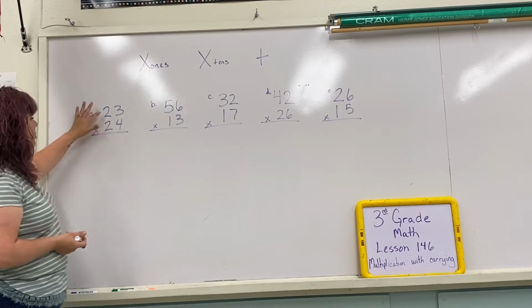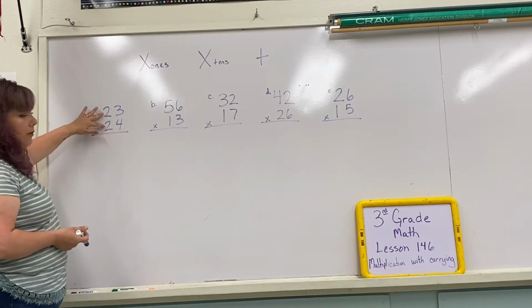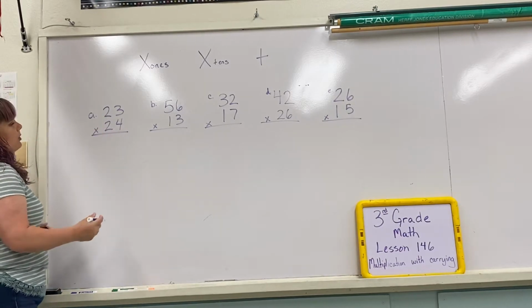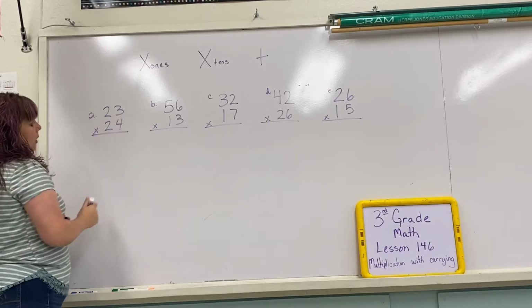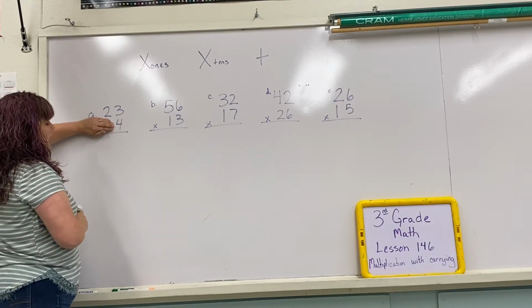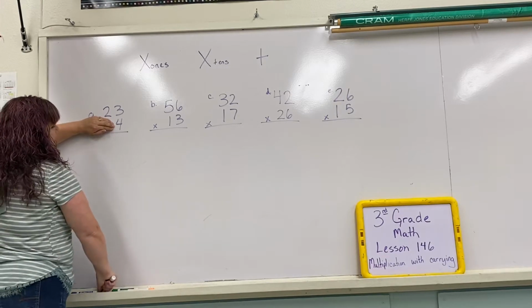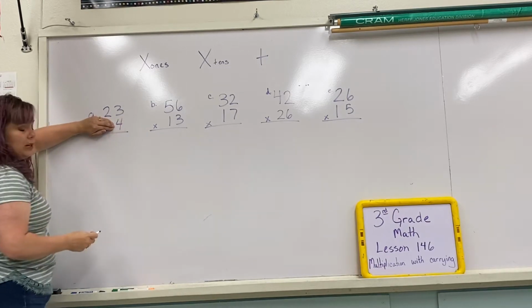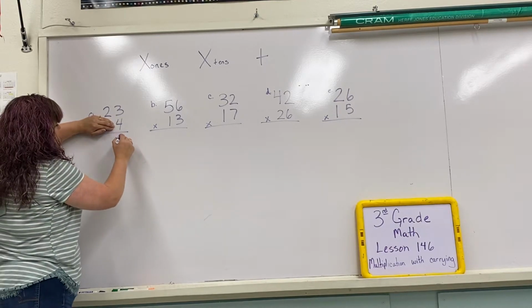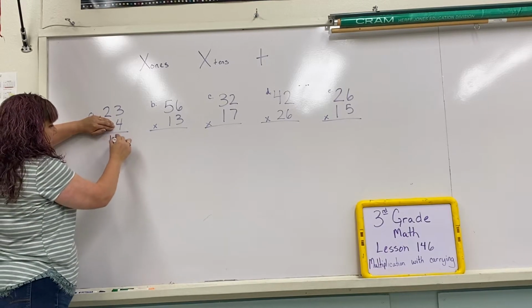So let's take the first one, 23 times 24, okay? So the first one is we have 3 times 4. Remember, we're only doing the ones, so we cover up the tens like it doesn't exist. And we have 3 times 4. 3 times 4 is, yes, 12. So we can't write 12 like this.